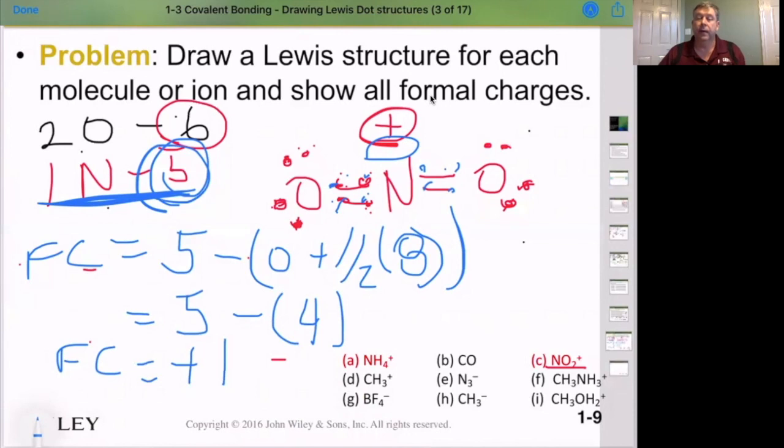I want you to go ahead and do that for the remaining ones here. If you have multiple things, try to see how many things you can attach to the center atom. Track all of your electrons in your Lewis dot structure and then look at how many electrons are shared, how many are lone pairs, and subtract from the number of valence electrons it brought to the molecule.